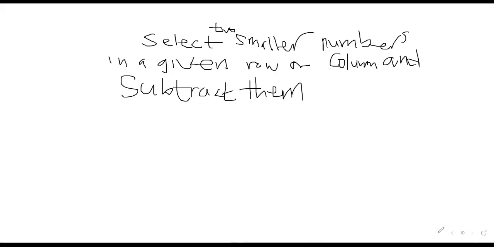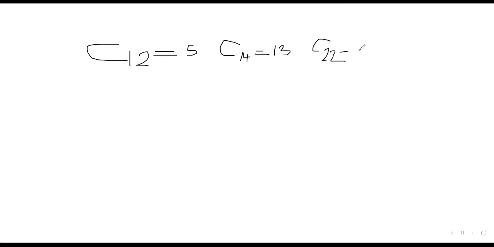So we can now say C12 is 5. C14 is equal to 13. Then C22 is 8. Then we have C23, which is 12.